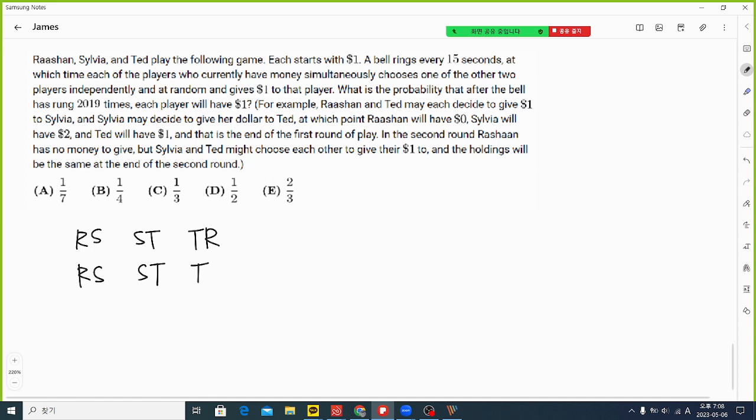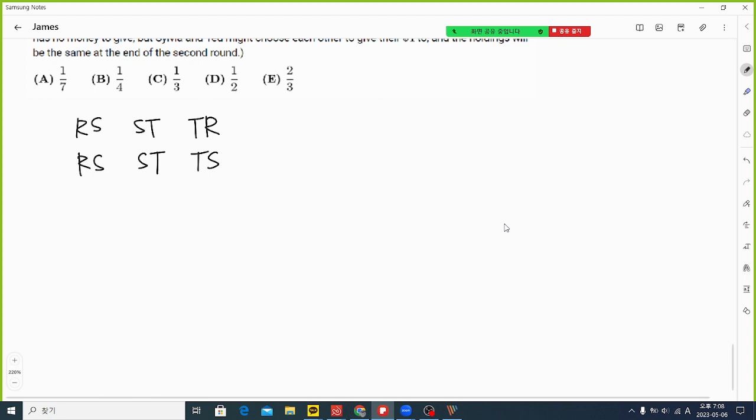Or T can give money to either R or S. Now S can give money to R instead of T. And now R can give money to T instead of to S.